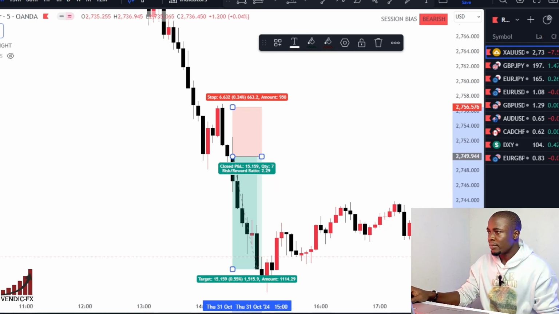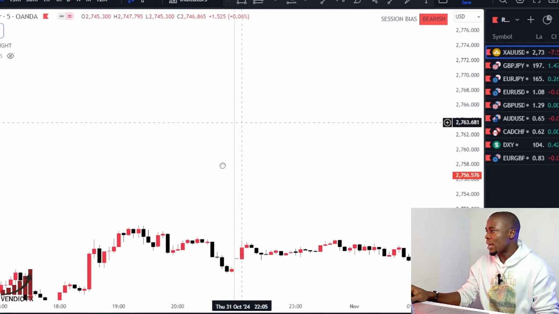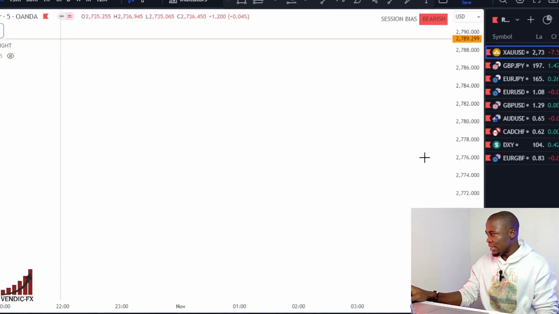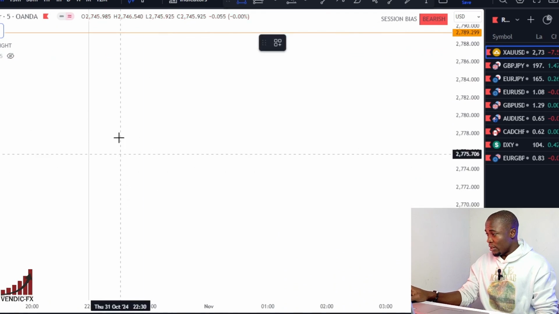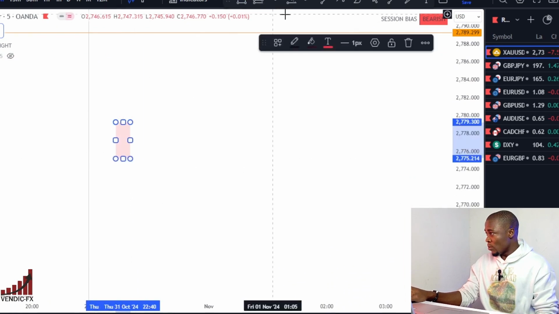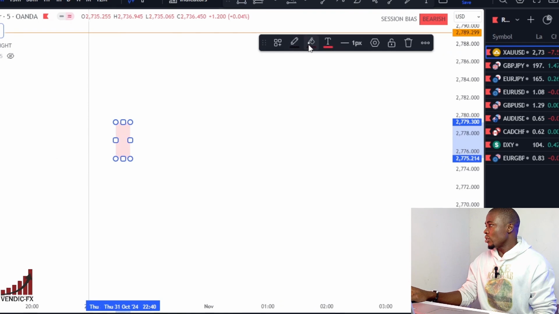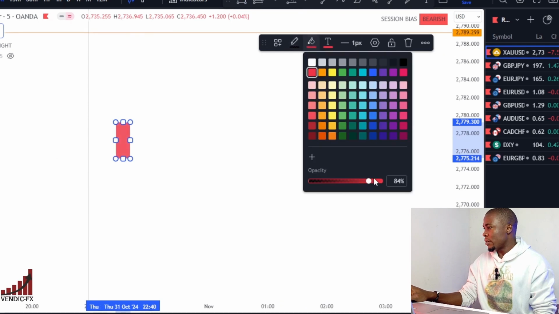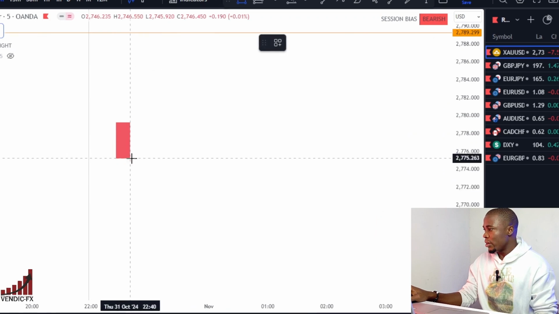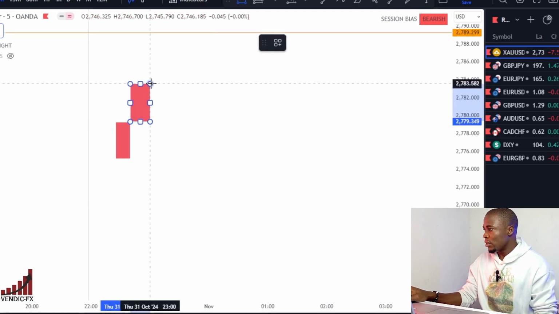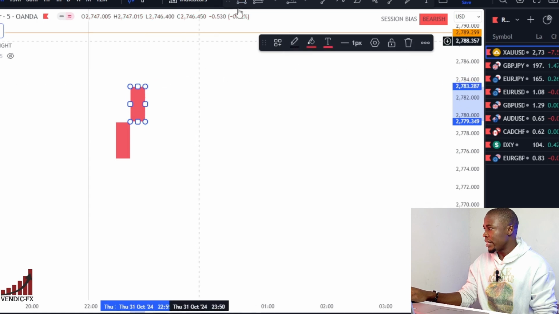This brings me to let me explain something. In case you are just coming in, this is what setup one is. Sorry, let me try and do this fast. You are going bullish, very nice.